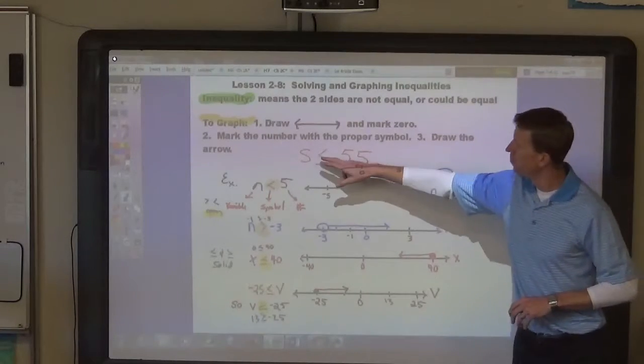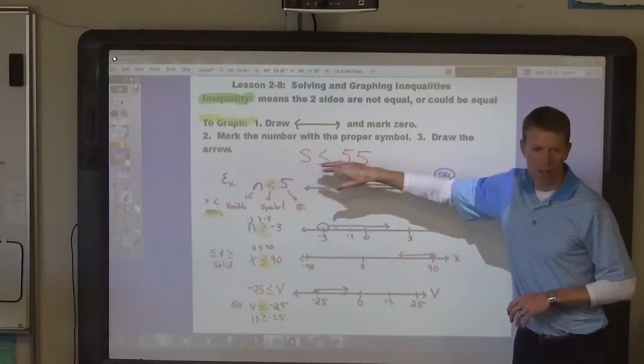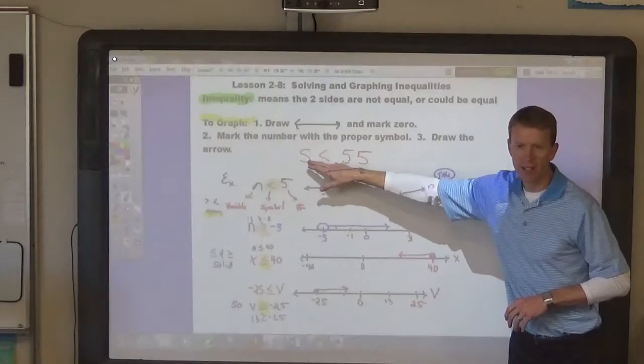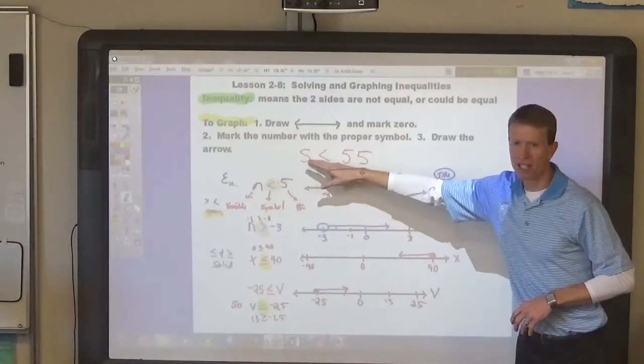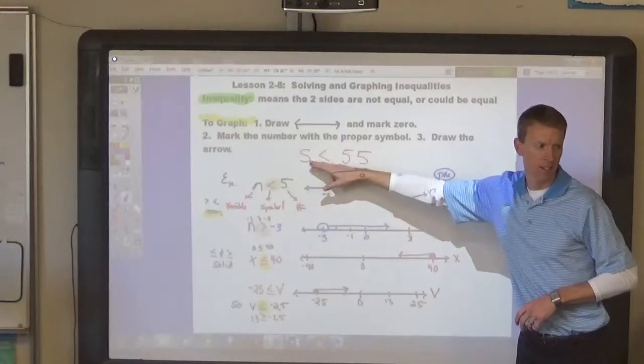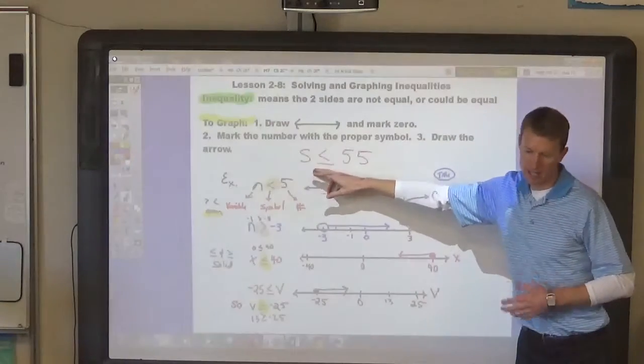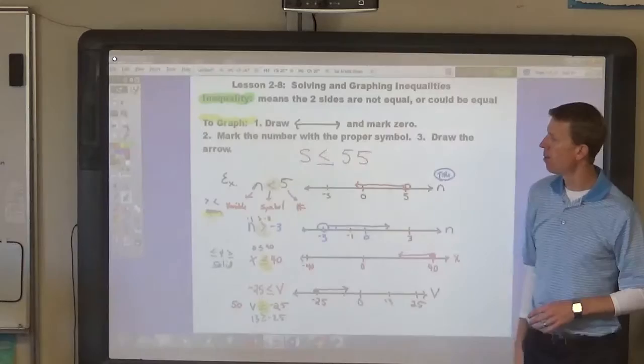The inequalities will be written with a letter on one side, telling that the letter is either greater than, less than, greater than or equal to, or less than or equal to one of the numbers.